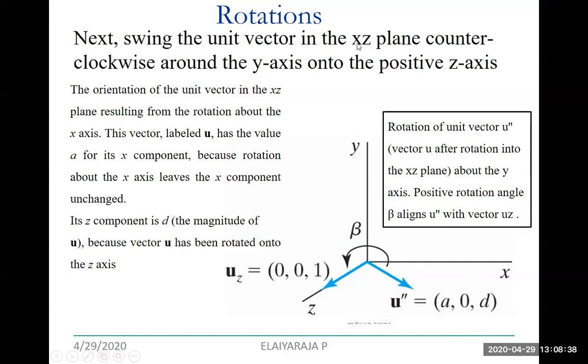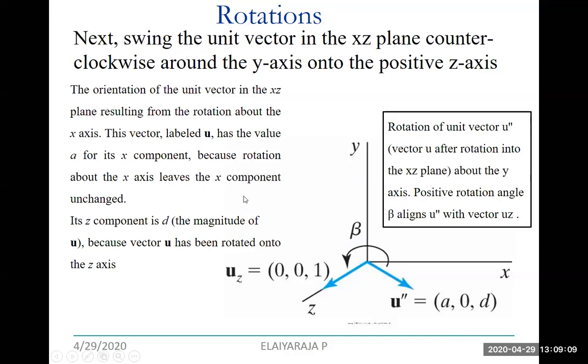So next we are performing the xz plane rotation counterclockwise, around which axis? Around the y axis onto the positive z axis. When you perform the xz plane rotation, the x value is unchanged, and since you are rotating around the y axis, the y value is 0, and the z component is d. Why?